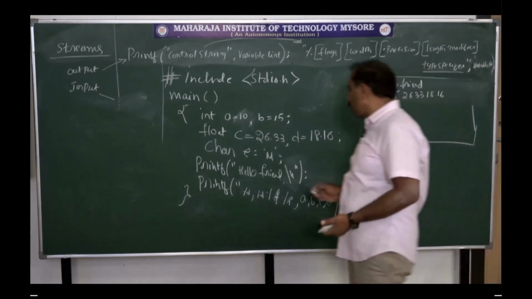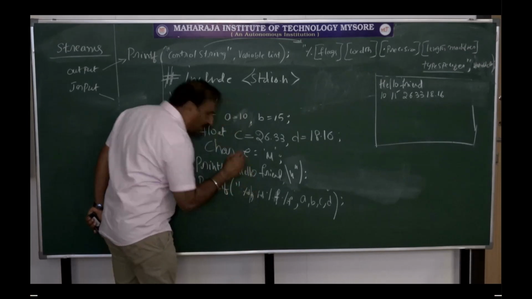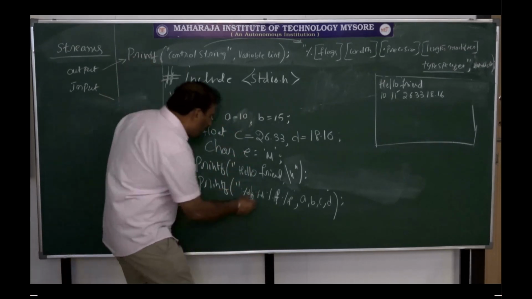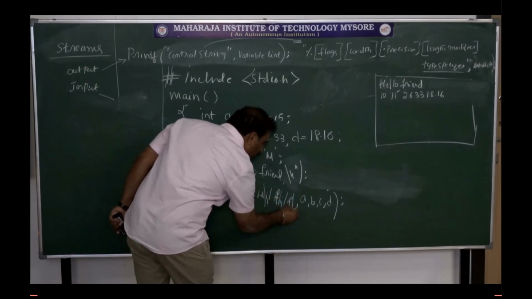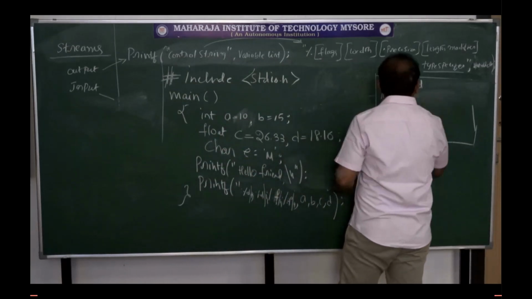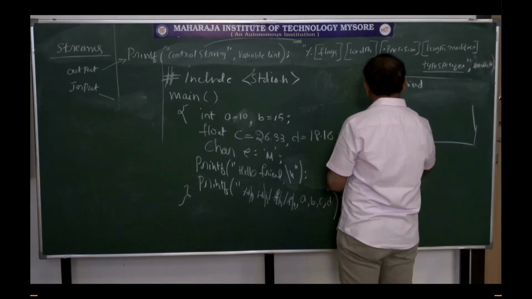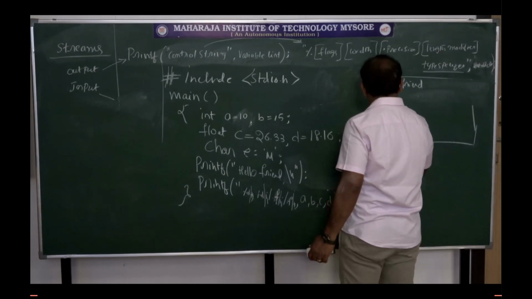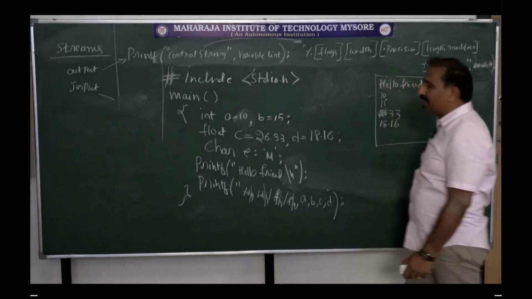Say for example, %d, I am adding one new line here. Everywhere I am adding one new line. Then it gets printed like this: 10, 15, 26.33, 18.16, each on its own line.